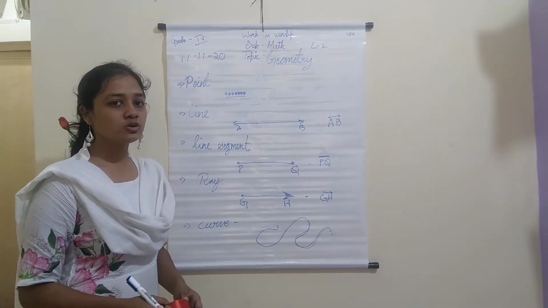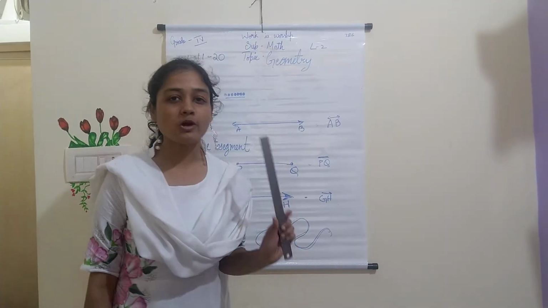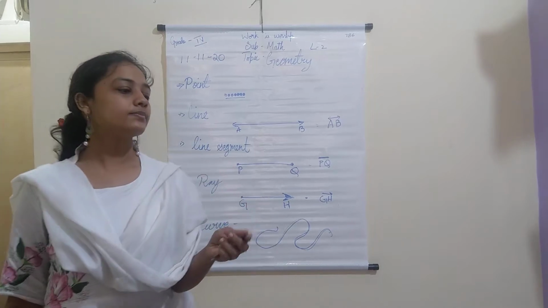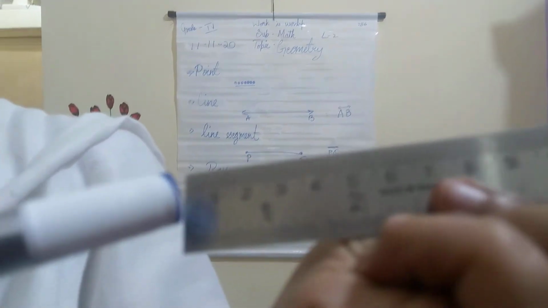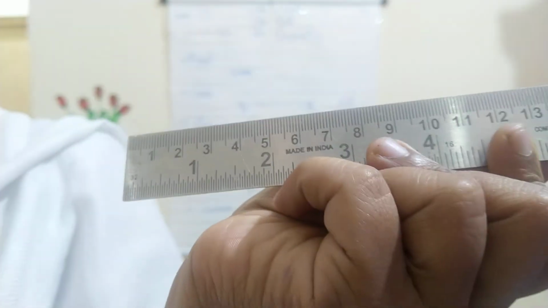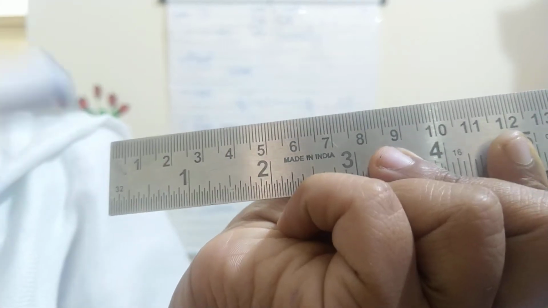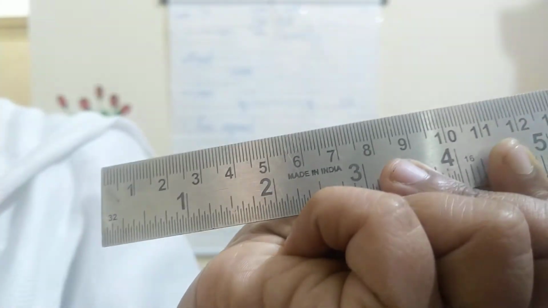For that, which tool will you use? You use a ruler or a scale. In your ruler or scale, you have numbers on both sides. But we are going to use only one side, where the numbers are very close to each other.